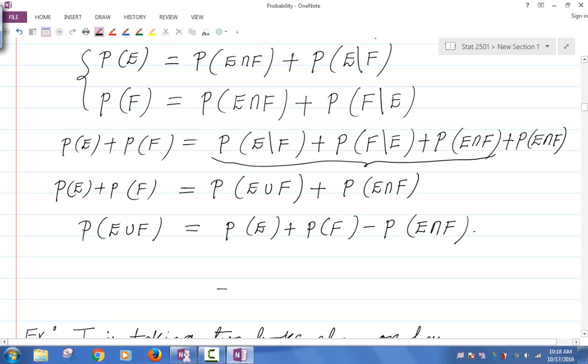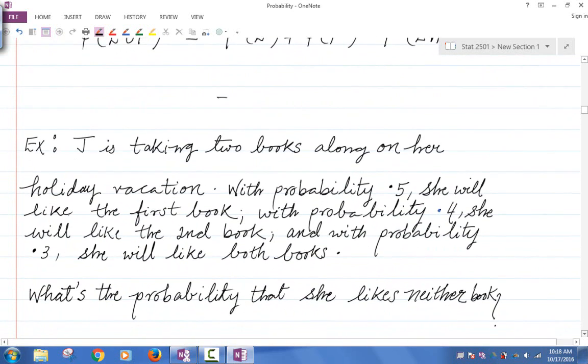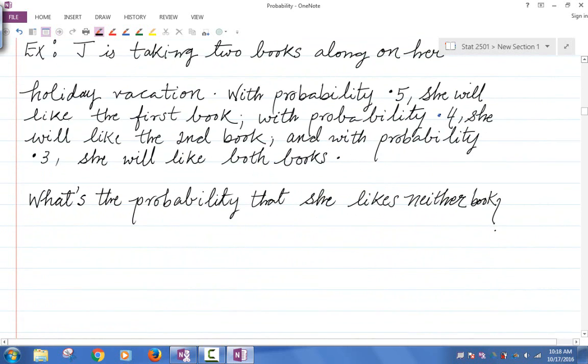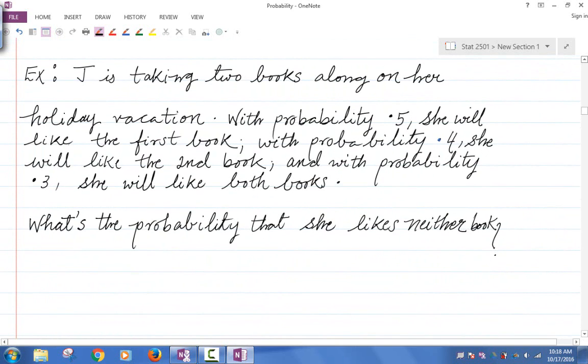Alright, so let's do an example here. J is taking 2 books along on her holiday vacation.